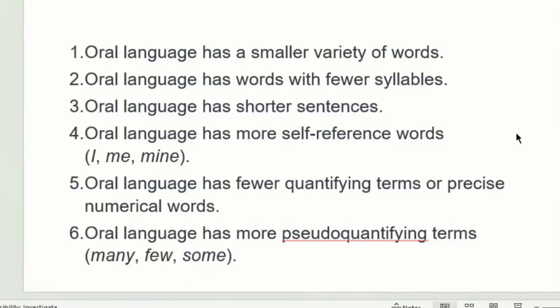Oral language has fewer quantifying terms or precise numerical words. Are we together there? What does it mean? Fewer quantifying terms.